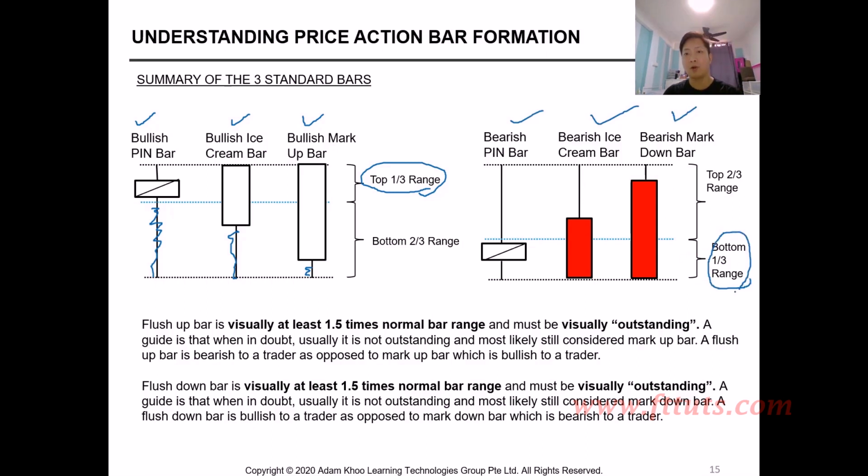When I say close at the bottom 1/3 range, it means the bearish markdown bar and the bearish action bar must be in red. Again, you realize that for the bearish pin bar and the bullish pin bar, there's a slash here, which means the body can be red or green. Okay, so that's the difference.